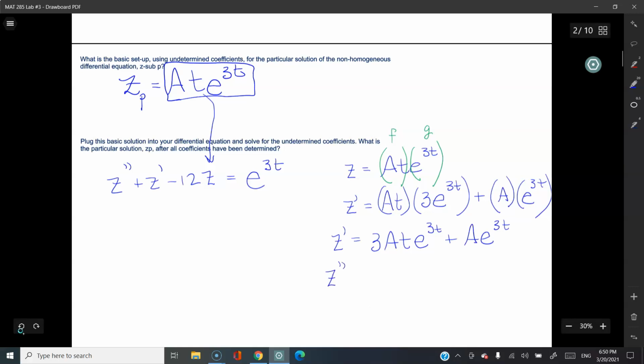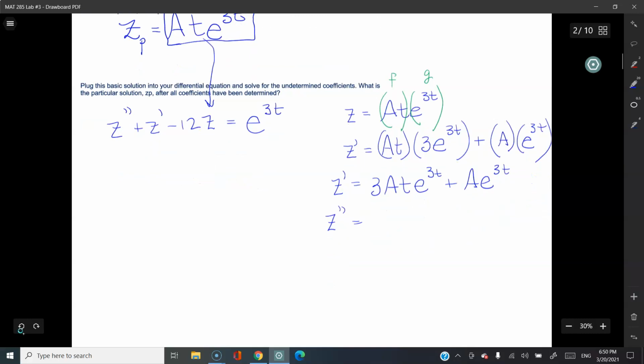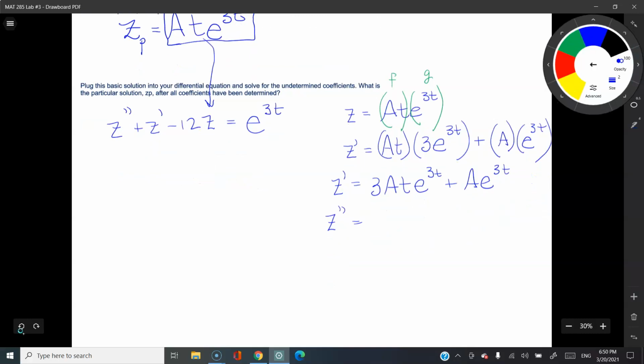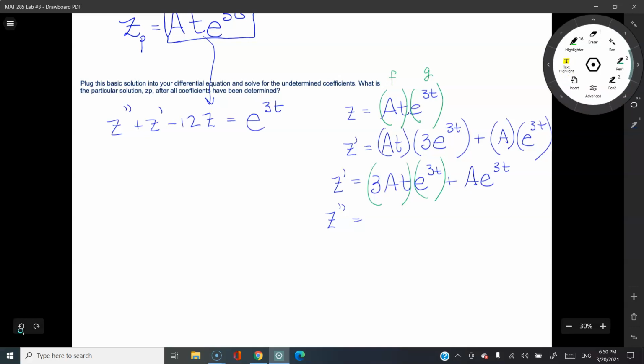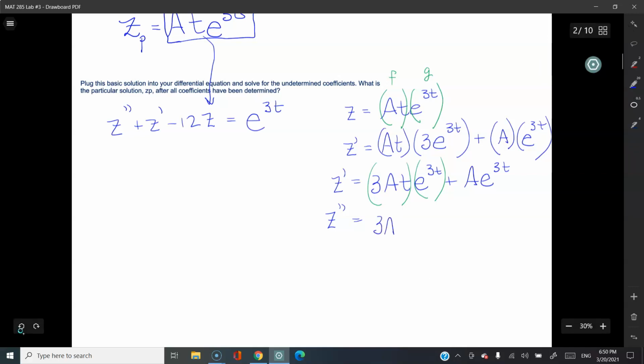We also need to know what z double prime is. And again, be careful. To find z double prime, we're taking the derivative of the derivative, and our derivative has a product of functions of t in one of its terms. So to take the derivative of the first term of z prime, we're going to have to use a product rule. So I multiply the first term times the derivative of the second term, and then the derivative of the first term times the original second term.